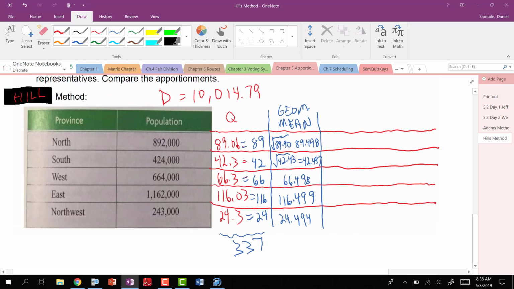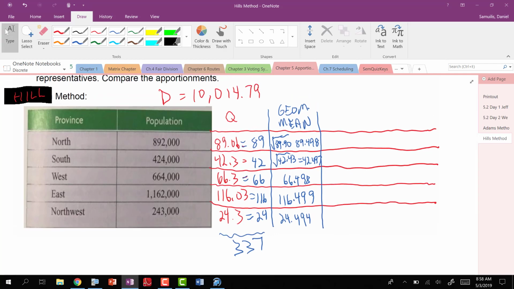So what should I do with the standard divisor? Should I increase it or decrease it now that I'm below what I'm supposed to be giving out? Decrease it so that it'll go back up. And do we have anyone that's really close? Again, it's going to be one of these three: 42.3, 66.3, or 24.3.